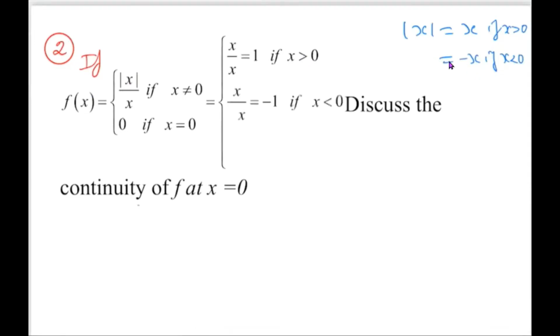So we get mod of x upon x will be minus x upon x equal to minus 1. So when x is 0, that is 0 itself. Since f is defined separately for greater than 0, less than 0, we need to find left hand limit and right hand limit separately.